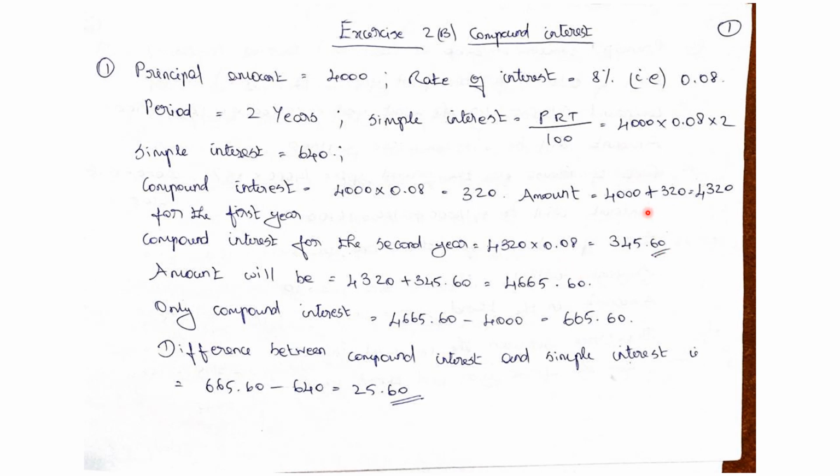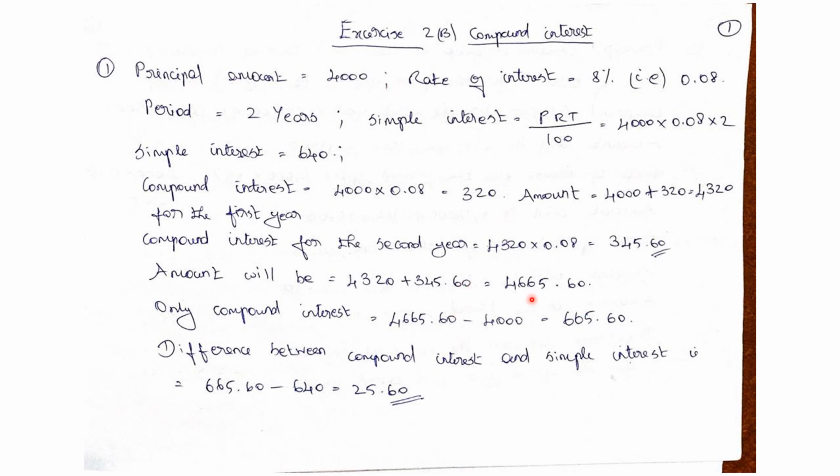Okay, the principal amount we used is 4,320. So we need to add 4,320 plus 345.60. This is the interest for the second year. So we'll get 4,665.60. Now if we want to know only compound interest, then we need to subtract the initial principal from the amount.